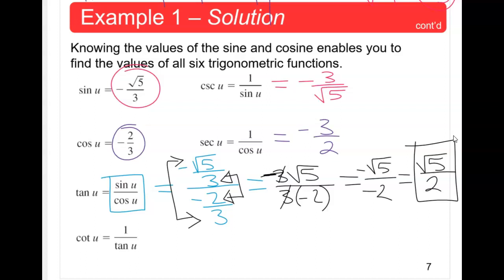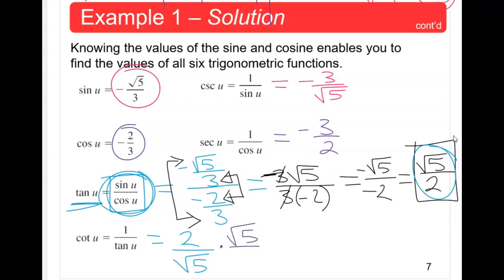Now for cotangent, we could go ahead and just use the reciprocal of what tangent is. So we're going to take the reciprocal of this one, and it's going to be 2 divided by the square root of 5. However, we don't want to have irrational numbers in the denominator, so we're going to rationalize the denominator by multiplying by the square root of 5 top and bottom, because multiplying by this is like multiplying by the number 1.